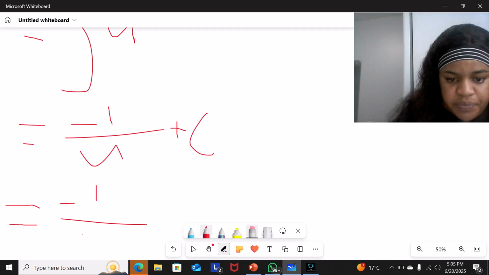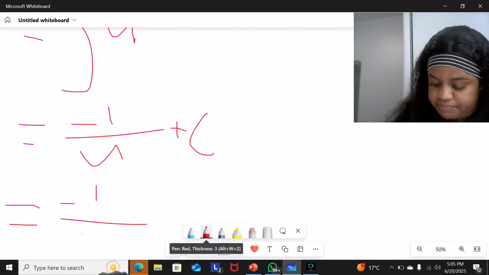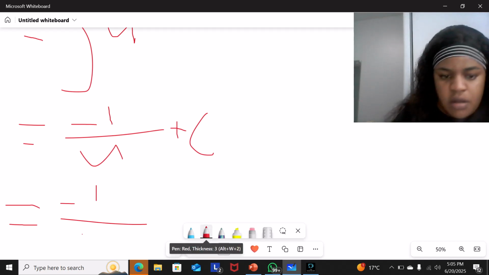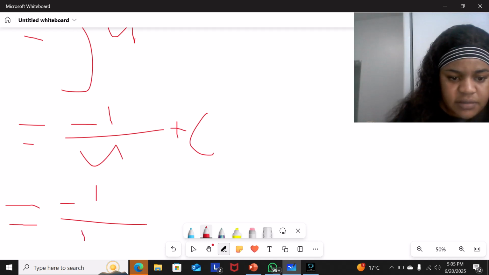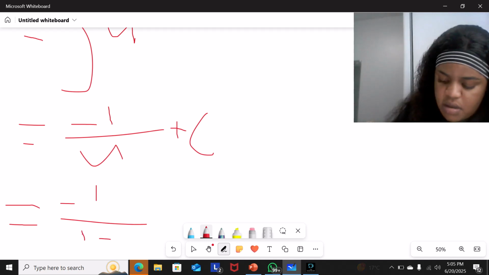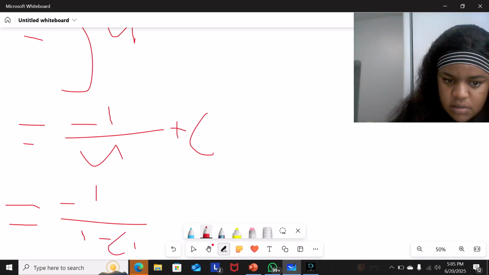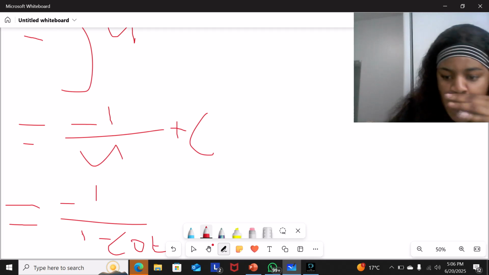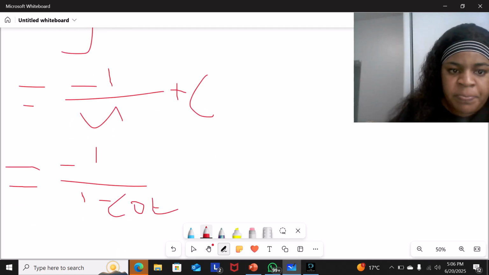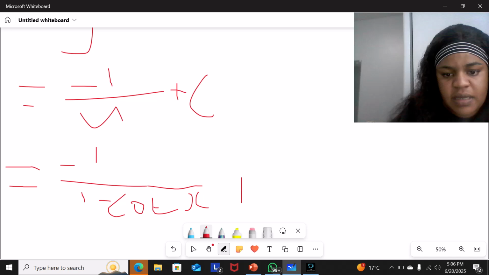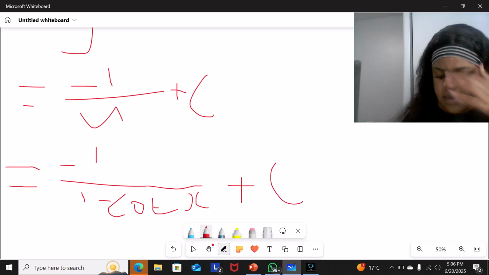It's going to be negative 1 all over 1 minus cot x plus c.